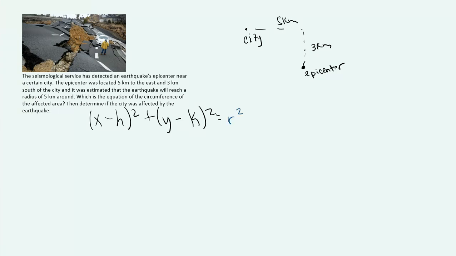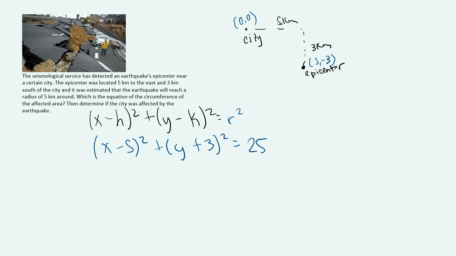So our center, which is where the epicenter is, since it's 5 to the right and 3 down, would be x minus 5 squared plus y plus 3 squared equals r squared, which is 25. Now we want to identify if the city is going to be affected by the earthquake. Well, if your epicenter is at 5, -3, then your city was at the starting point at 0, 0.